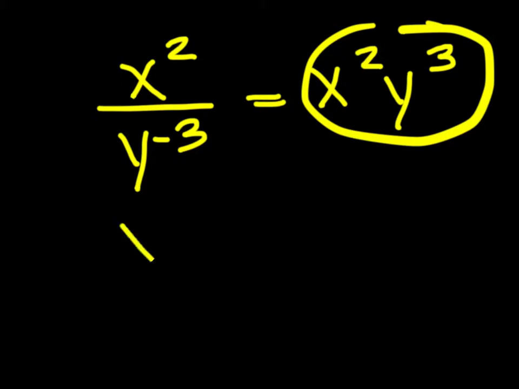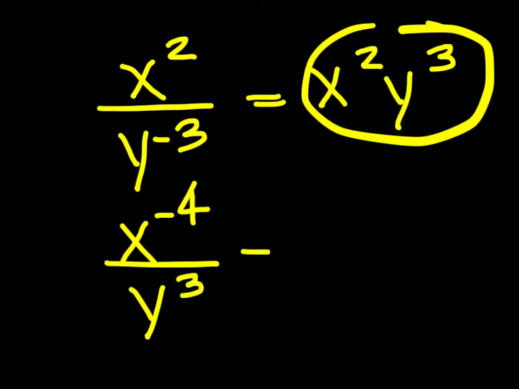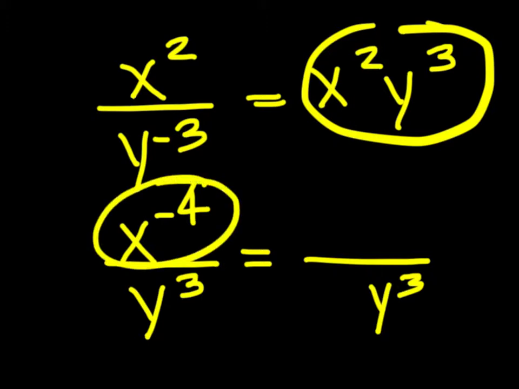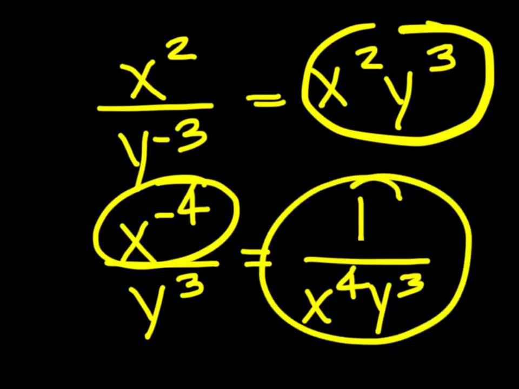If I had a negative exponent on the top and then a positive on the bottom, the one on the bottom stays. The one on the top must go to the bottom, and make sure you put them in alphabetical order, and that exponent becomes positive. If you have nothing left on top, you just put a 1. 1 over x to the fourth, y to the third.